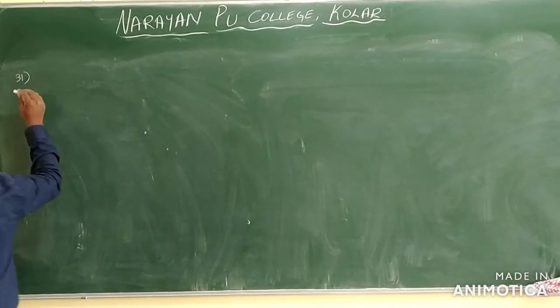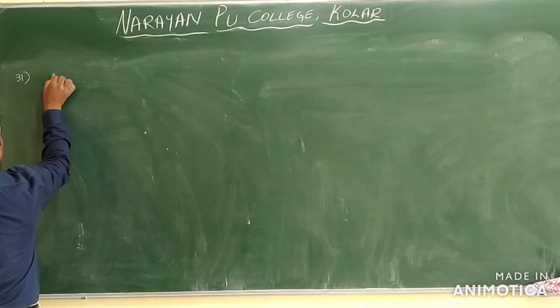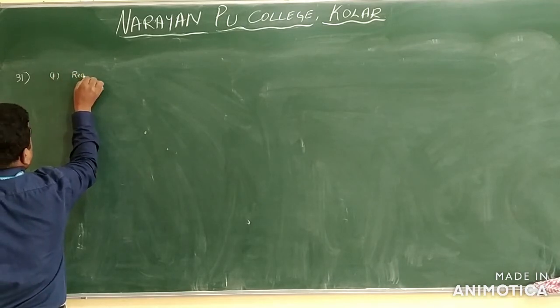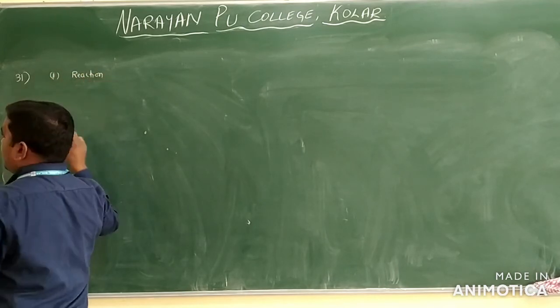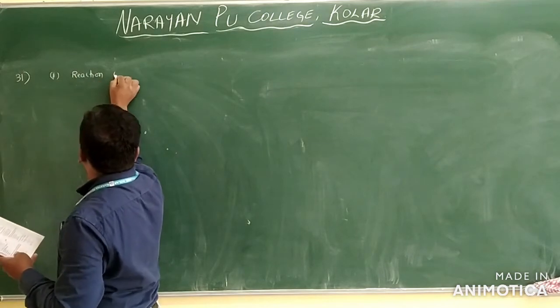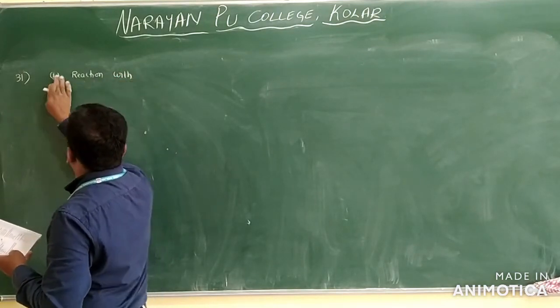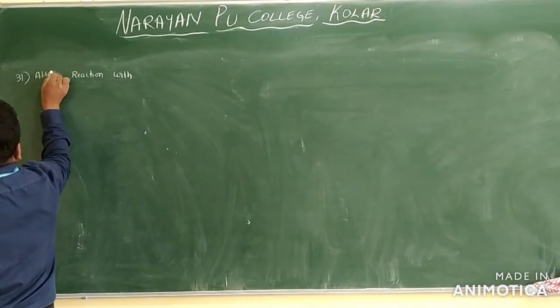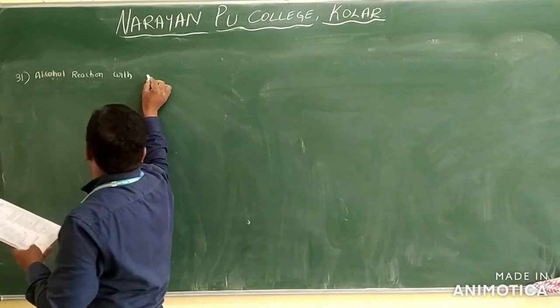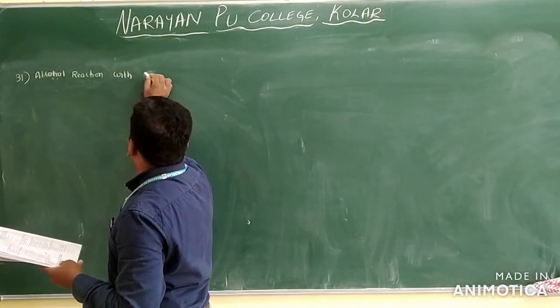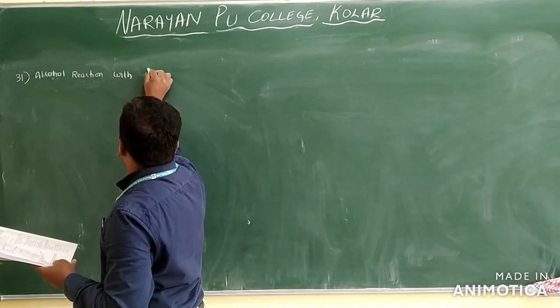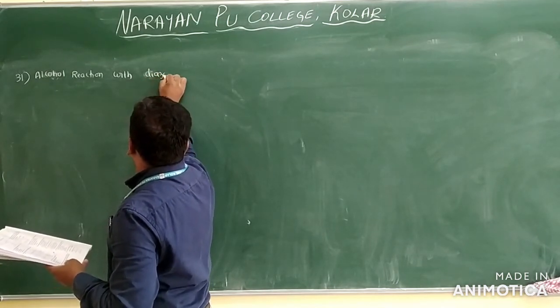So those reactions, the first one I am explaining, is the reaction of alcohol with diazomethane.